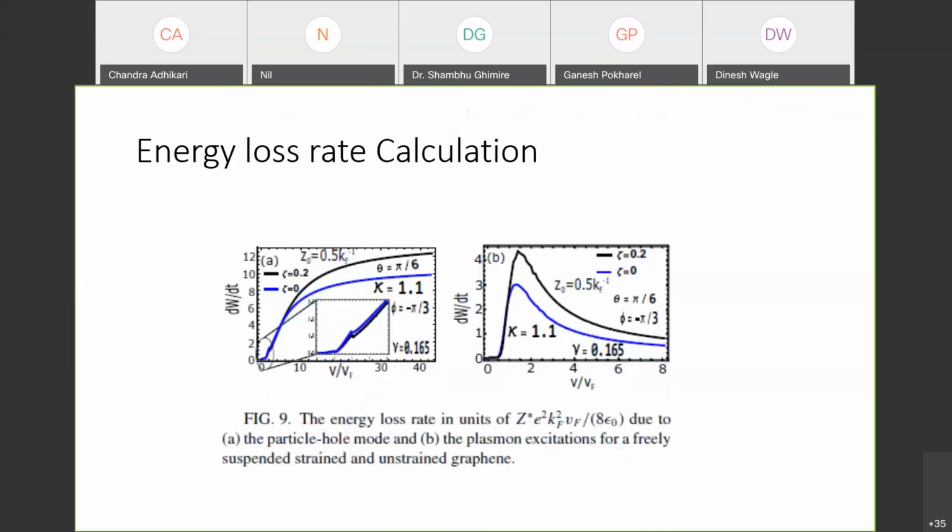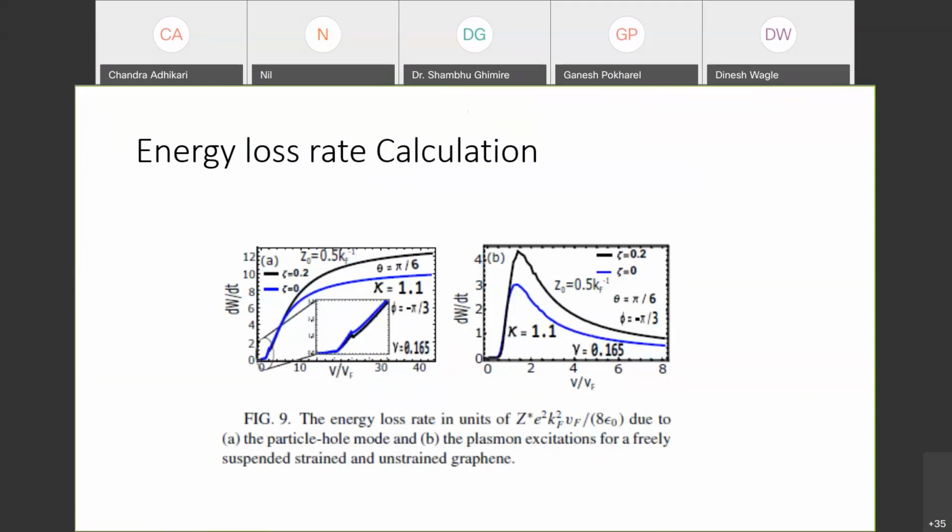So next, we calculated the energy loss when a charged particle runs over the graphene sheet and uses some energy. That loss in energy we calculated, and the difference for strained and unstrained graphene is shown in the figure. In the lower velocity region, we didn't see much difference.